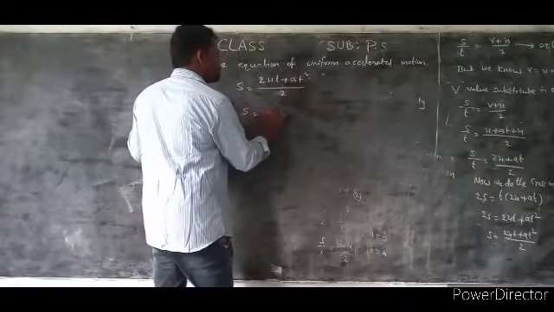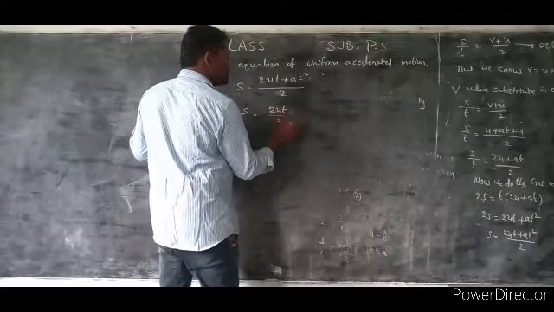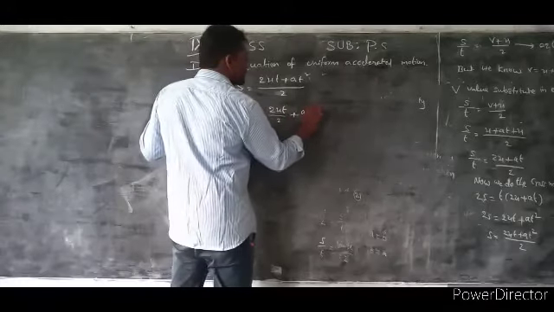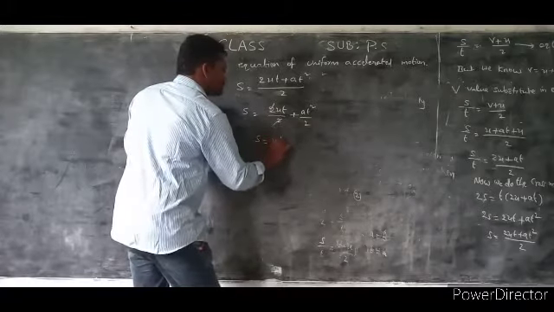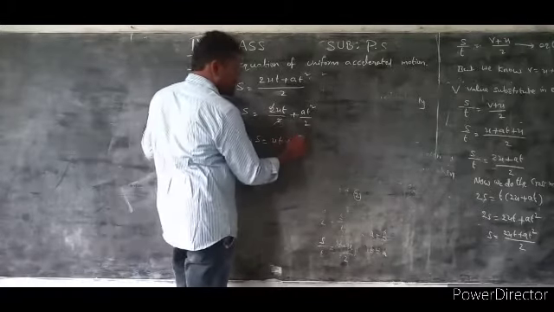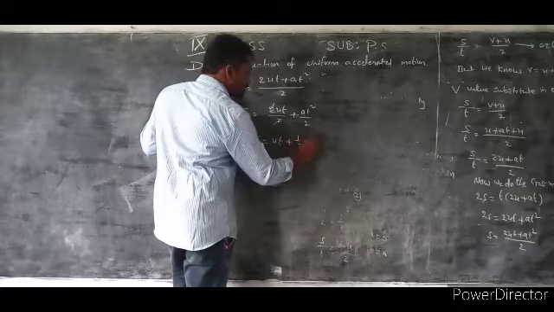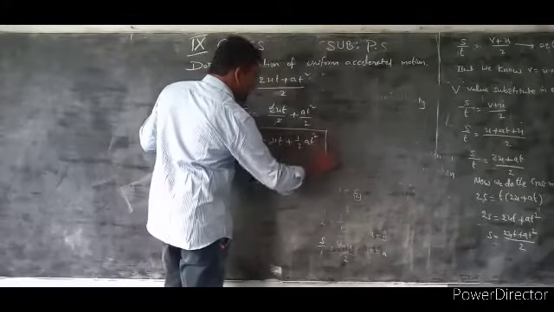So s is equal to 2ut by 2 plus at square by 2. The 2 cancels. Therefore, s is equal to ut plus half at square. This is the second linear equation.